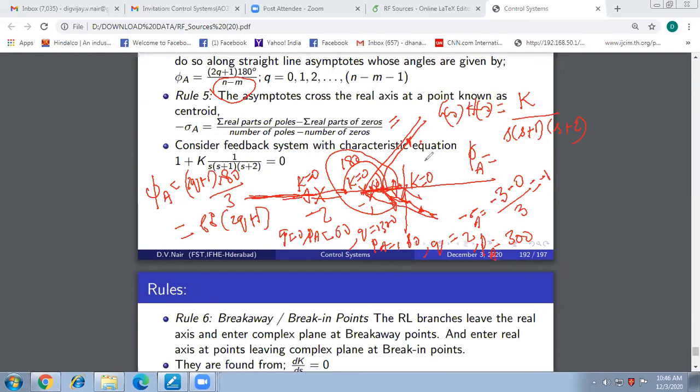So these two branches move to infinity, with k tending to infinity. So this is what the root locus will look like, right?